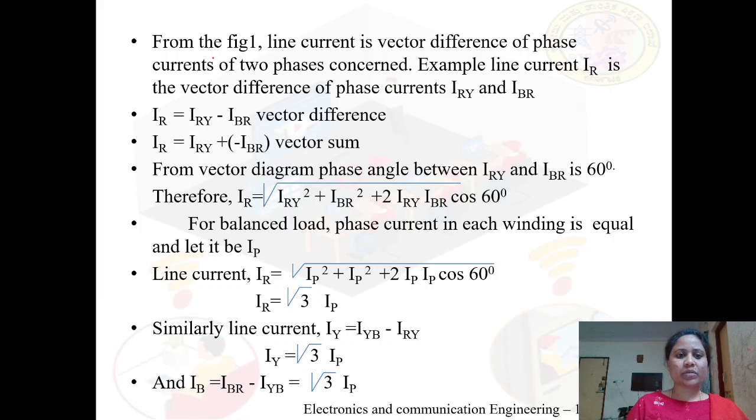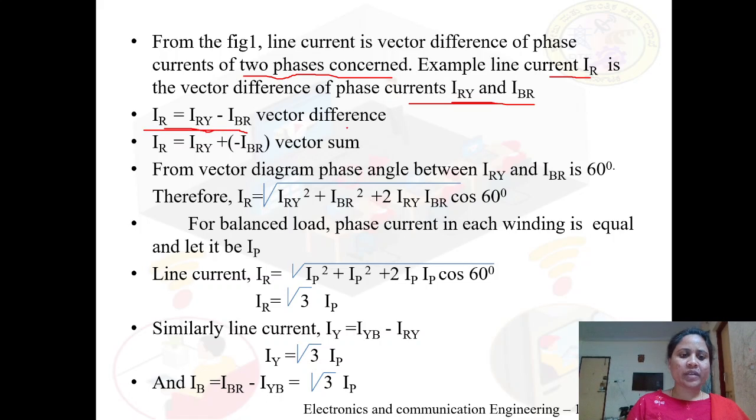From the first figure, the line current is the vector difference of the phase currents of the concerned phases. For example, if we are taking the line R and the line current is IR, the vector difference of the phase currents is IRY and IBR. Therefore, IR is equal to IRY minus IBR.